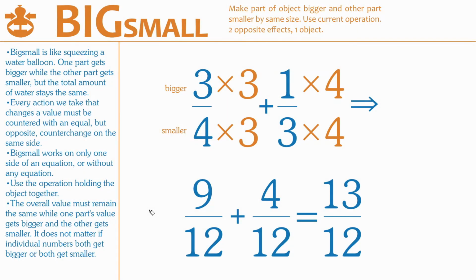Okay, let's hit fractions now. And we've got to remember its effect. I have a bigger effect that's in proportion to a smaller effect. Okay, so I've got 3/4 plus 1/3.